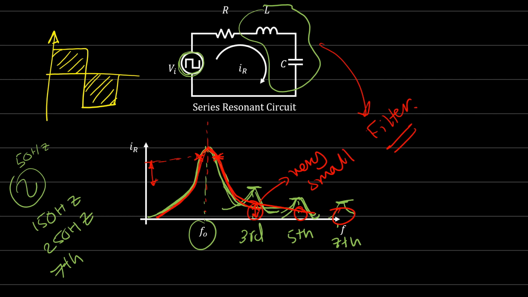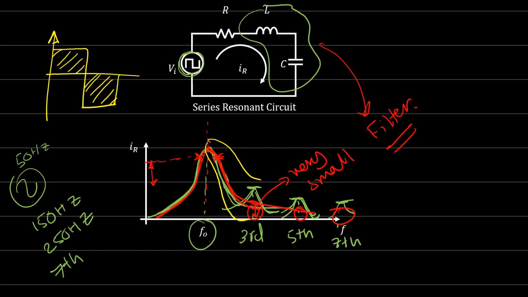In terms of the amplitude of the current, there is no problem. Both should give the same value. But why do we prefer to go to this side? Because here we have a higher frequency. When you increase the frequency, you increase the frequency of the third harmonic, the fifth harmonic, and so on.